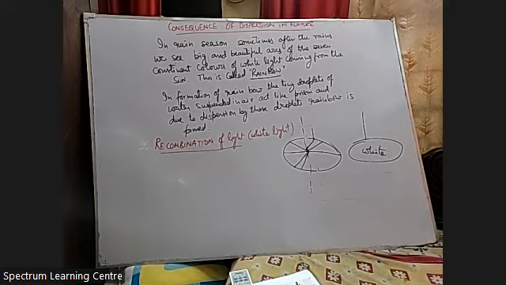Now suppose sunlight falls on those droplets, there is again a formation of rainbow. Oh, okay, sir. Copy it, sir.